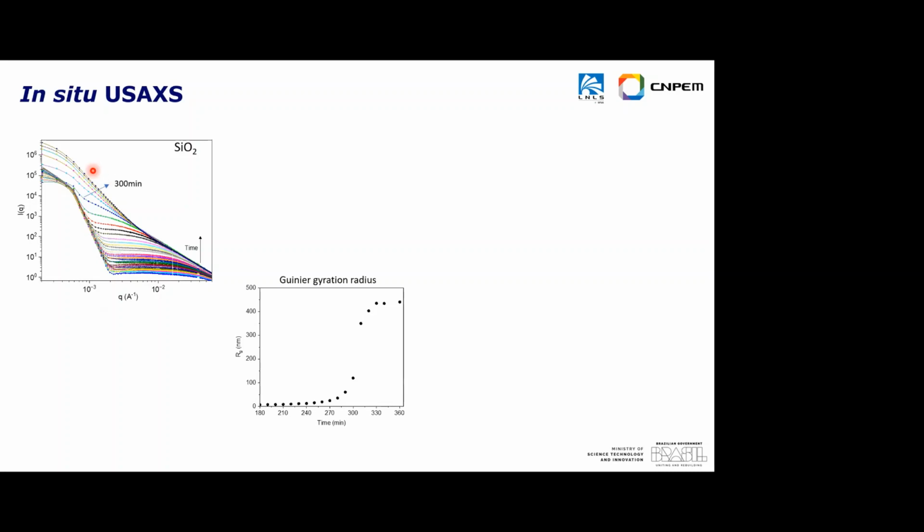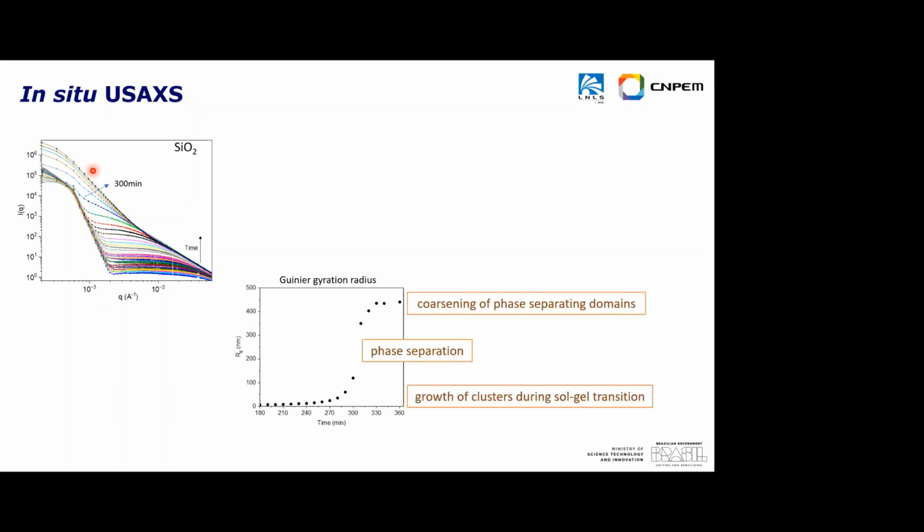Observing the gyration radius, you can see that at the beginning we have a slow growth of the clusters, and then at 300 we have this phase separation, the gelation, and we have this jump in size, and we form these big structures that most probably are the macropores formed during the phase separation.